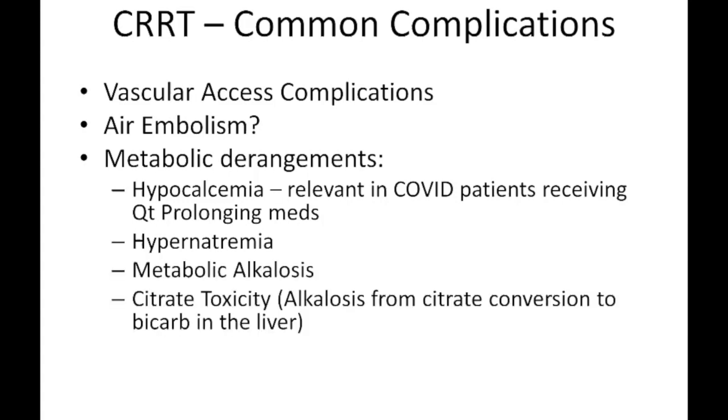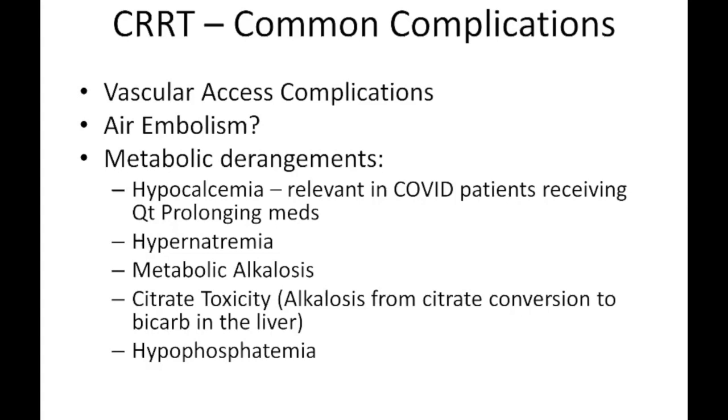Metabolic alkalosis can occur, usually as an effect of citrate toxicity, which in the current utilization of that term basically means a lot of citrate is not being dialyzed out effectively and is getting into the body, and that citrate is being converted into bicarbonate at a 1-to-3 ratio. So one citrate will produce 3 bicarbonate molecules, and you can develop a pretty significant metabolic alkalosis.